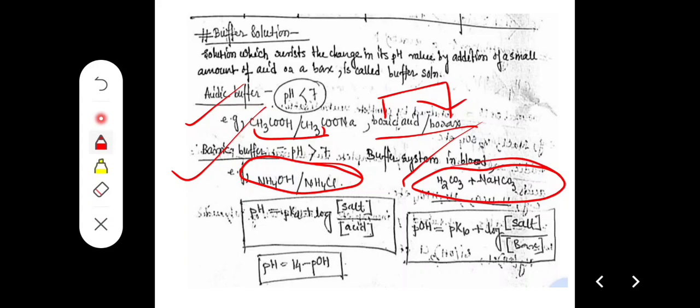Now we consider the simple formula: pH equals pKa plus log of salt by acid, if we consider an acidic buffer or acidic solution. And pOH equals pKb plus log of salt by base, for a base. And always remember pH plus pOH equals 14.